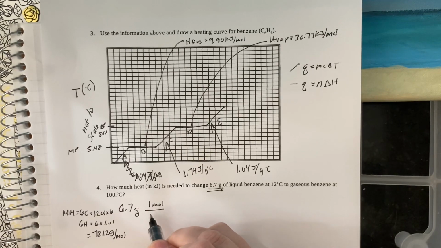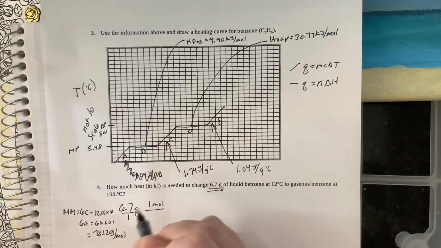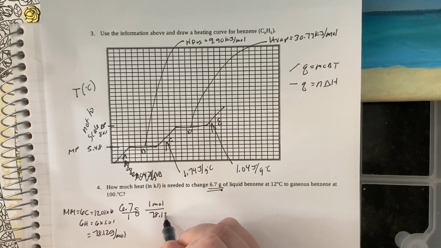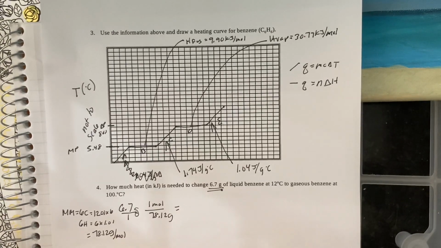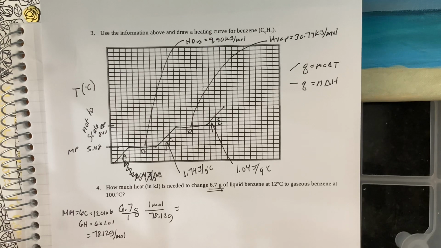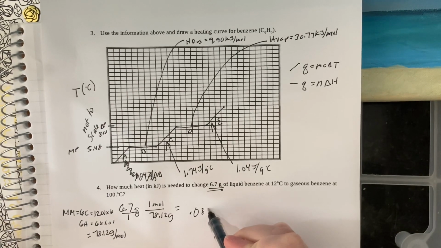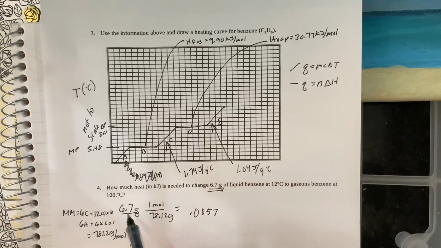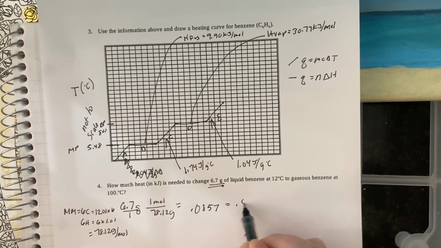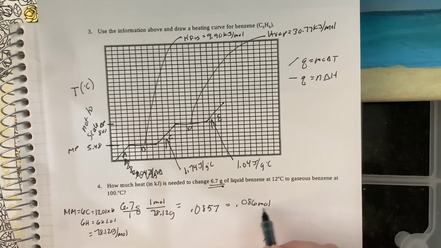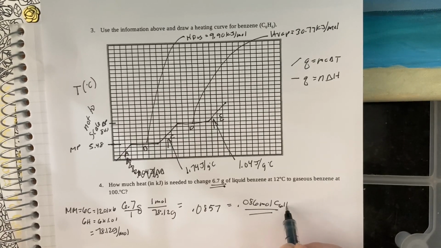Okay, so I need grams on the bottom because we started with grams. 78.12 grams in 1 mole. So 6.7 divided by 78.12 is going to give us 0.0857. Only need 2 sig figs of that, 0.086 moles of C6H6.